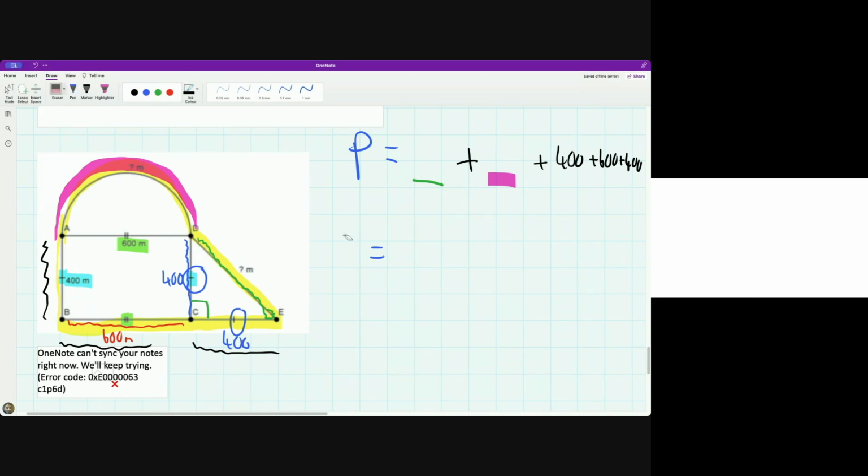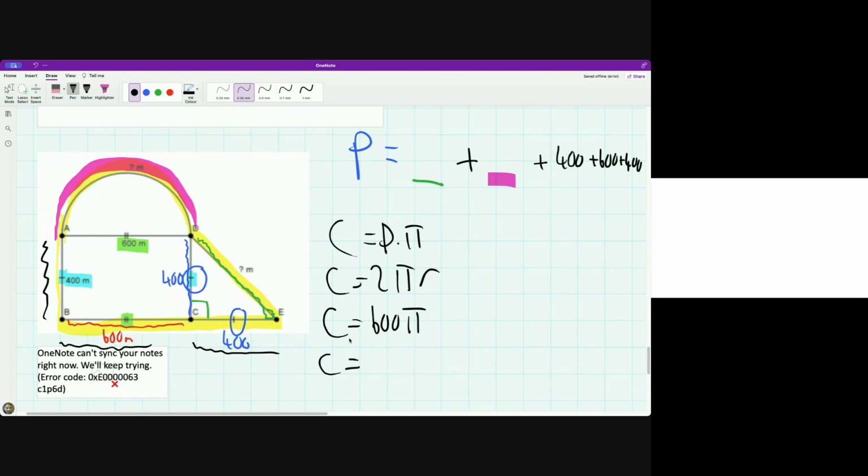Now, let's be careful. The pink bit could get confusing. So if I want the circumference of a circle, I go diameter times pi, or I go 2 pi r. Since I've got the diameter, I'm going to go 600 times pi, or 600 pi.